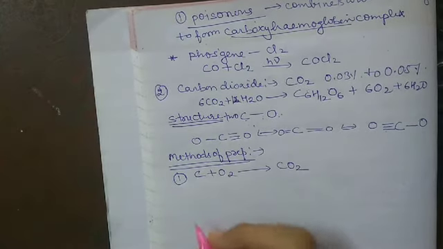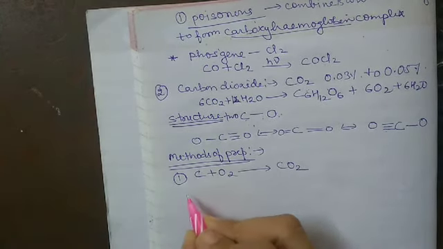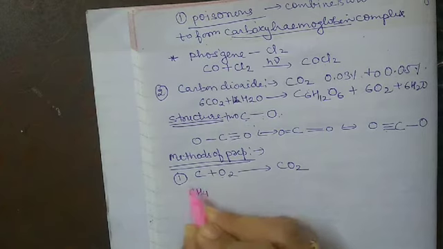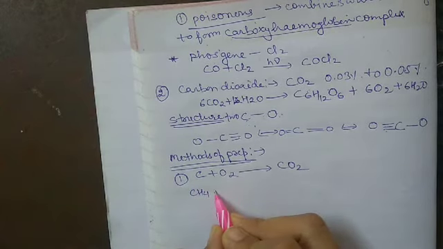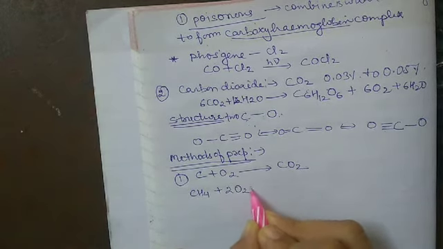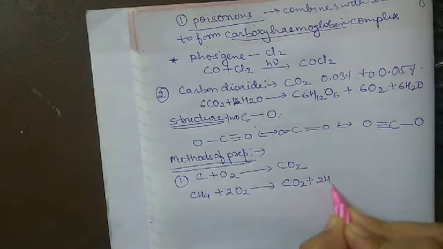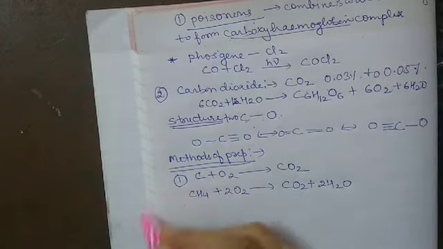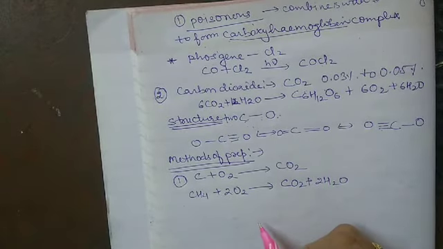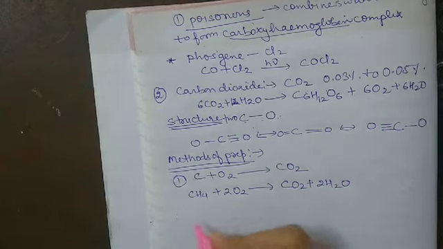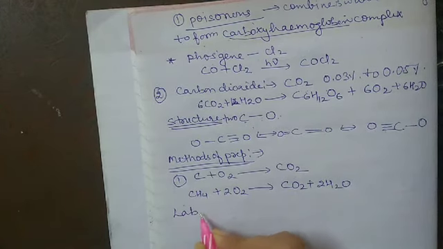Another method is CH4, the alkane methane, plus oxidation gives CO2 plus 2H2O. So this is the second method for the preparation of carbon dioxide. Now there is one more method, called the laboratory method.